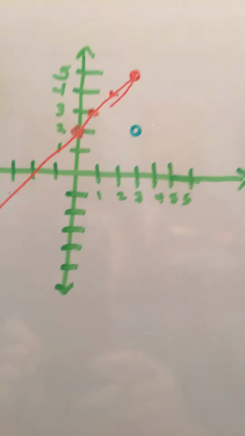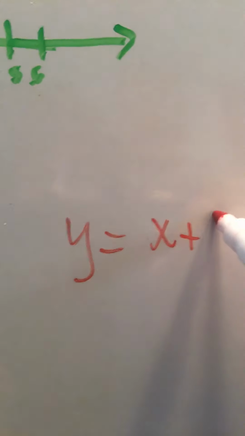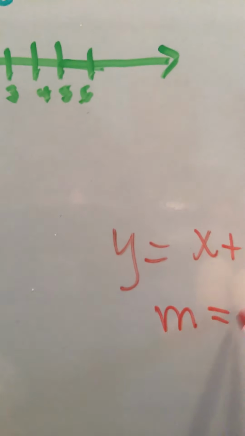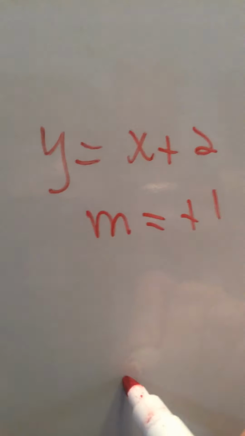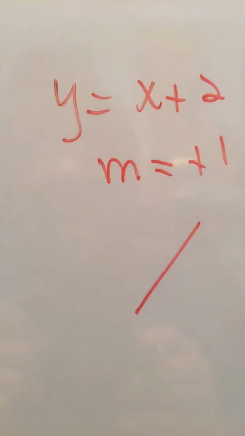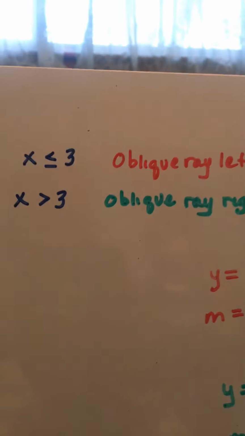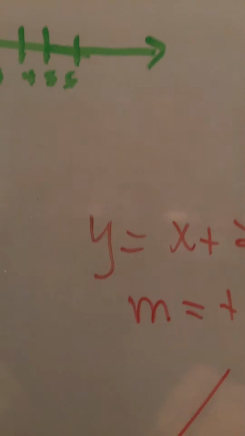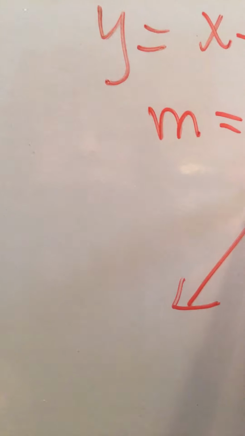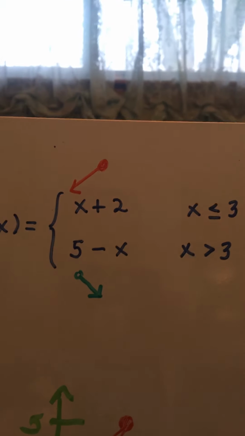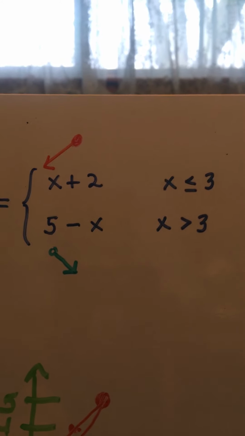Well, let's analyze. y equals x plus 2. m is equal to a positive 1, and so it's going to go uphill. But I told you I wanted to be less than or equal to. So that's the left side. So I put my left arrow on, and I put a closed dot, and that's what I did in my picture. So I knew what it was going to look like before I started.